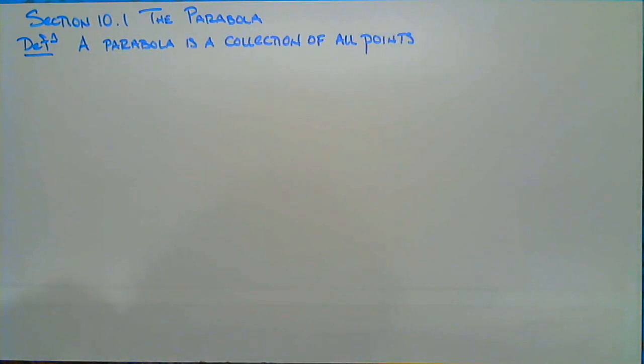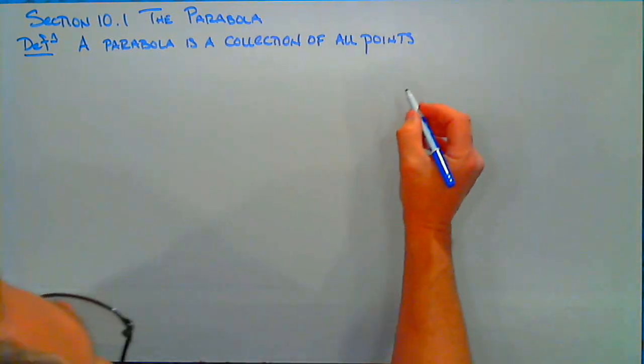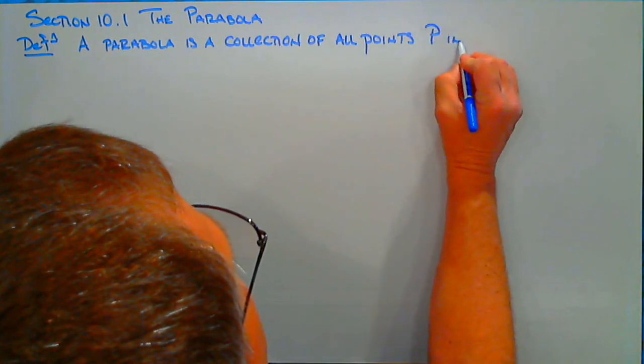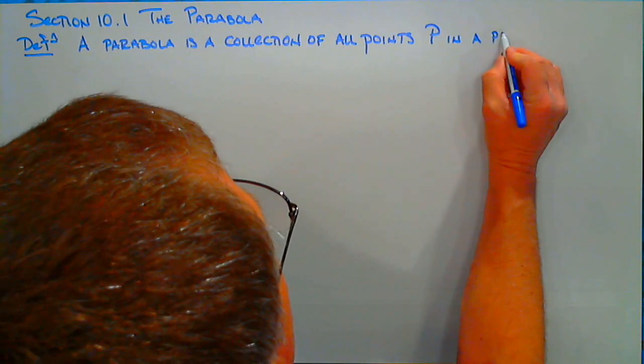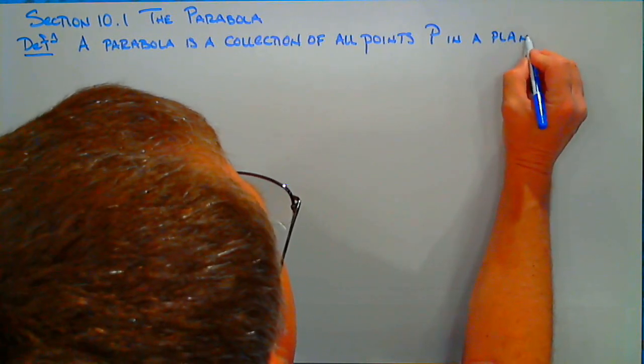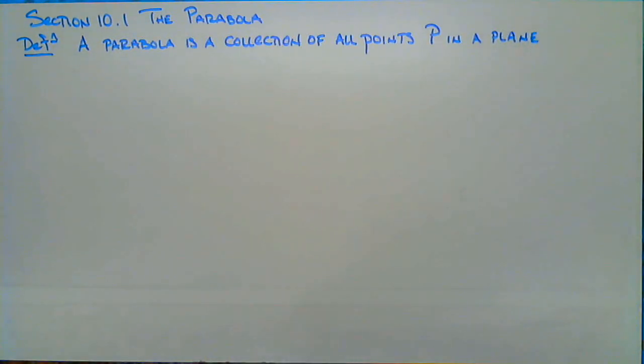We need a lot of points to make a parabola. So a parabola is a collection of all points P in a plane. And that's the part that a lot of us overlook. We forget that we're talking about something that's in a plane.